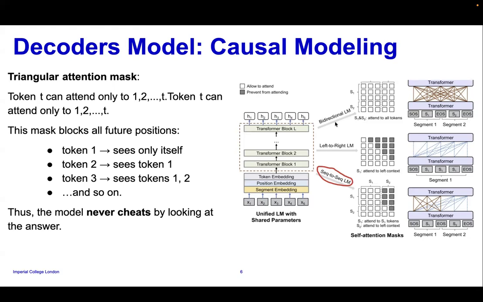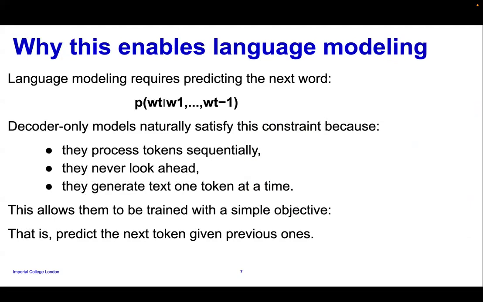But here in bidirectional LLMs, such as BERT, where we use masked language modeling, bidirectional means it can see both sides. It attends to all tokens. But this triangular one must attend only from left context, and you can see it cannot attend to all content. So that is what we call causal language modeling.